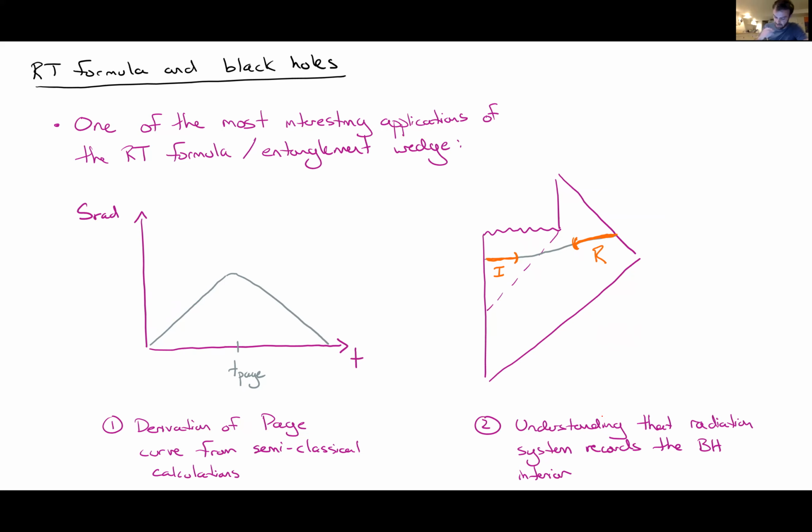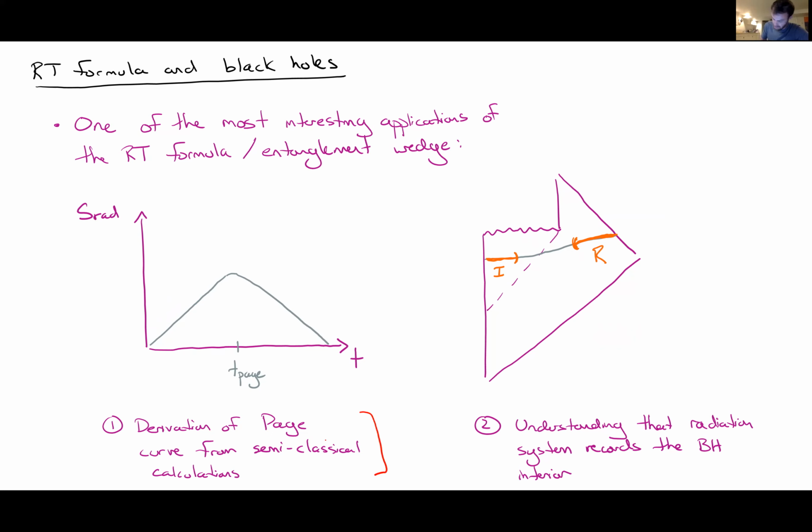Now, these things have been very interesting and taught us a lot, but one recent and exciting thing where this has come up is in our understanding of black holes. And maybe two things that we've learned there is one, using this formula, how to derive the Page curve from bulk semi-classical calculations.